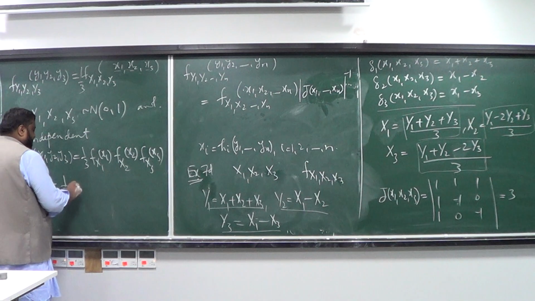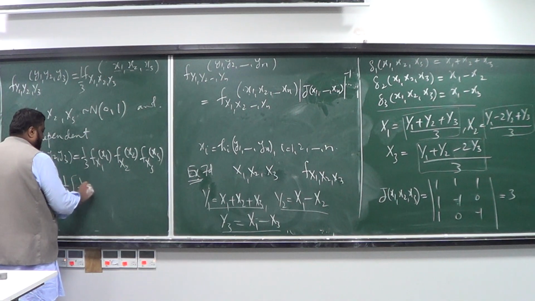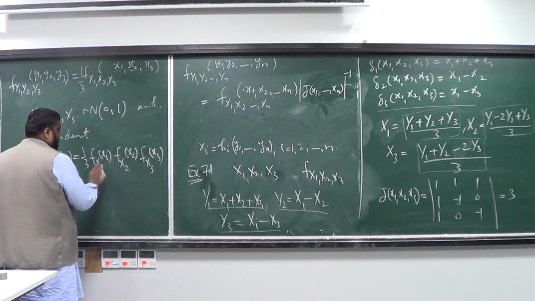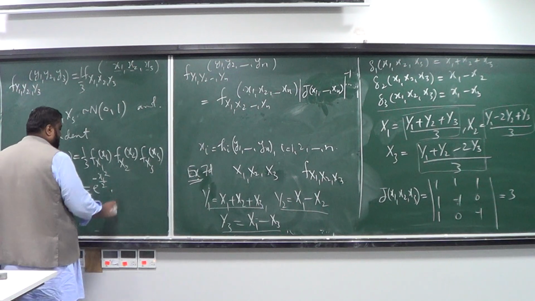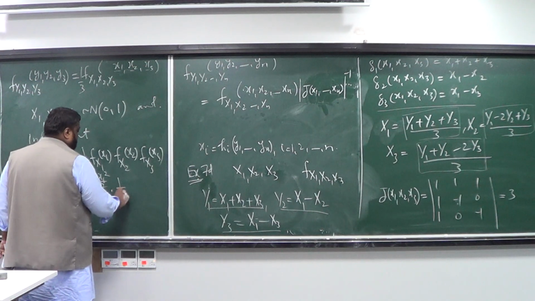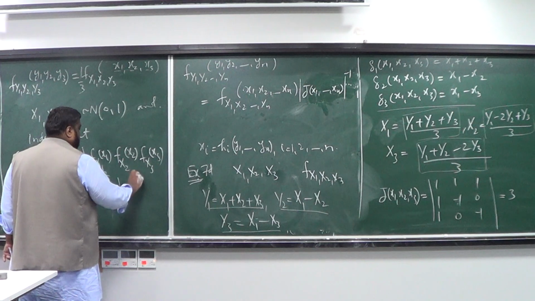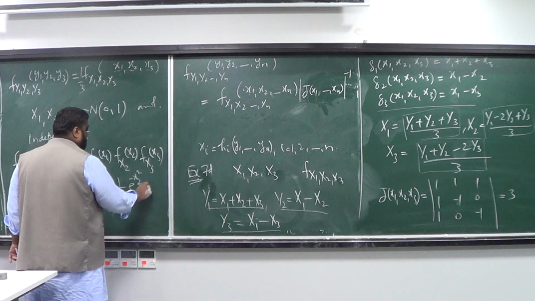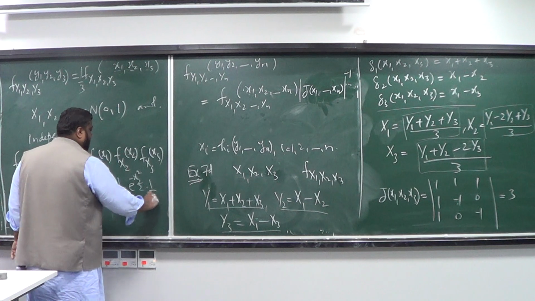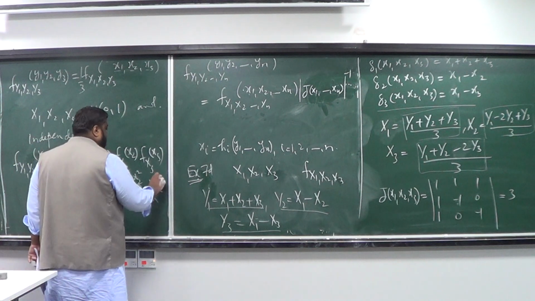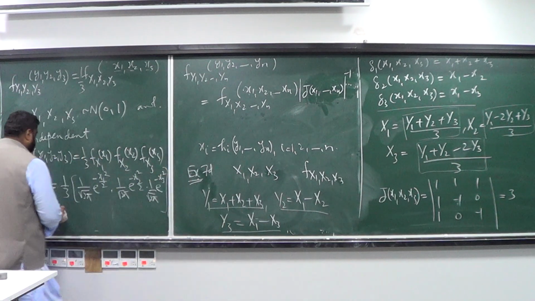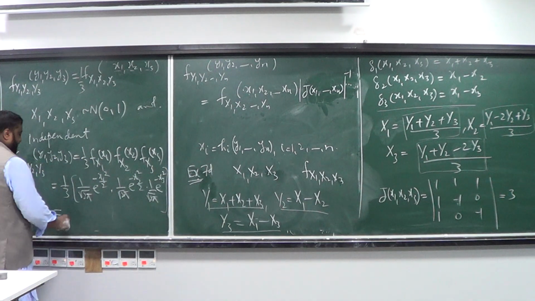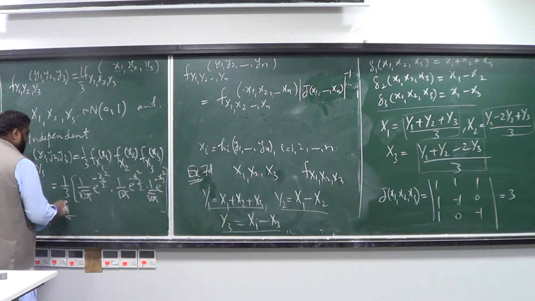It's going to be 1 over square root of 2 pi times e to the minus x1 squared upon 2, times 1 over square root of 2 pi e to the minus x2 squared upon 2, times 1 over square root of 2 pi and e to the minus x3 squared upon 2. This is what you're going to get.